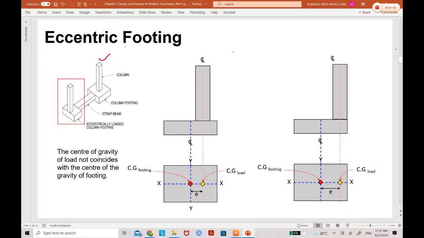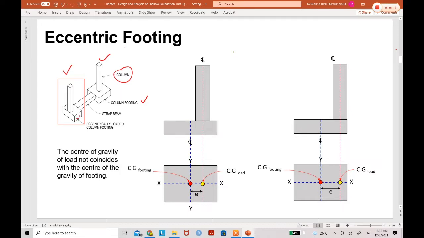As you can see here, we have the concentric and eccentric footing. This is an example of the concentric footing. You can see that the column was situated in the middle of the column footing. However, on the other hand, we have the eccentrically loaded column foundation.